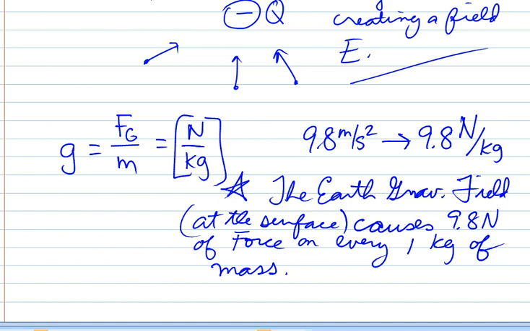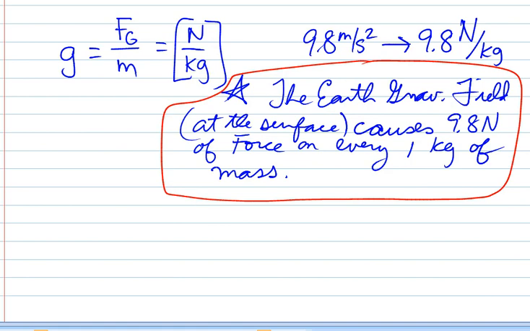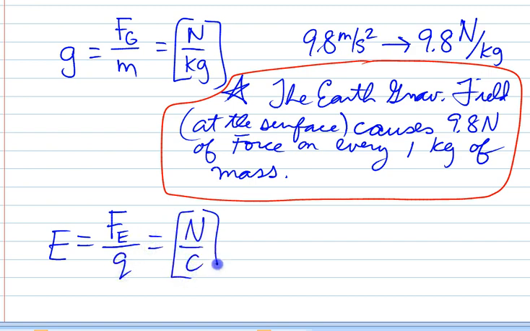This is a very important way of thinking about the gravitational field, because this allows you to think about the electric field in a way that makes more sense. And so what we can say about the electric field, E, which is the electric force divided by a test charge, is that it is in newtons per coulomb.